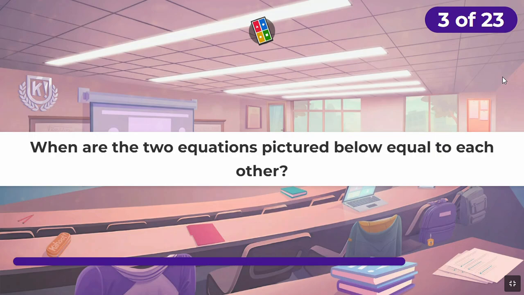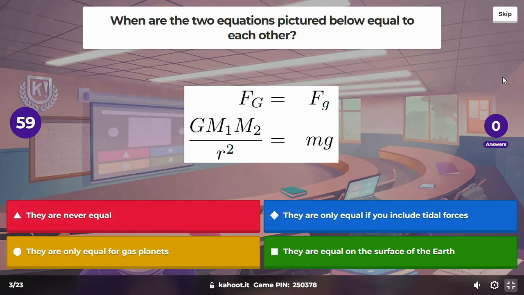We've talked about two different equations for gravity. So we had the lowercase g gravity and the uppercase G gravity. So when did we say those two equations should be equal?